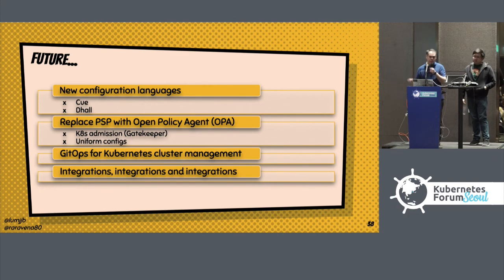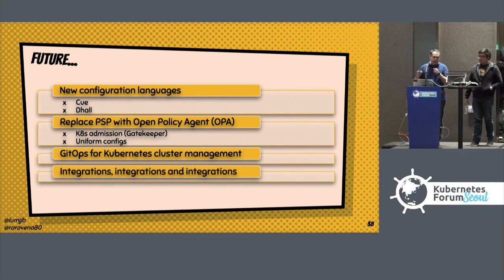You have this huge set of YAML files, and then you have to deal with the indentation. So some of these new configuration languages are starting to show up in open source. A couple of examples, CUE and Dhall. These languages actually allow you to add some source code or code in the language to automate some of those repetitive tasks.